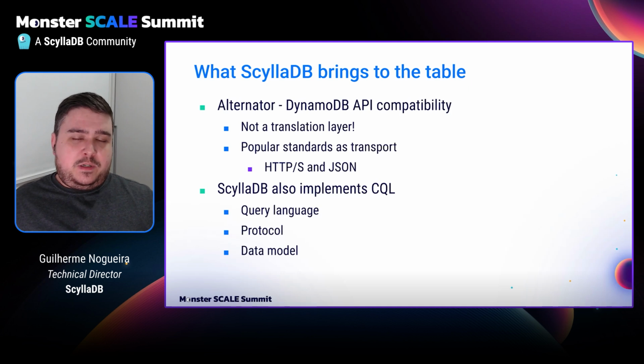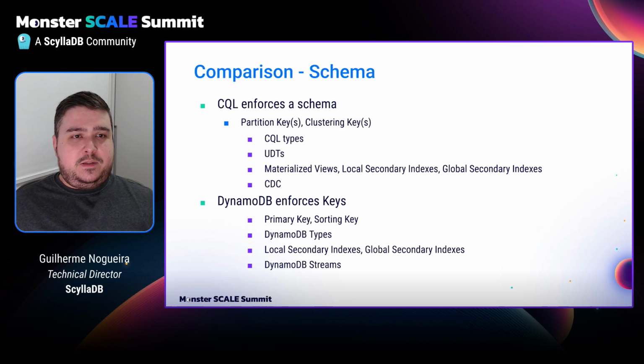It's based on popular standards such as HTTP and JSON, and it is all a re-implementation of the DynamoDB API. ScyllaDB also implements CQL, which is the Cassandra Query Language, where the names come from, and it's all at once a query language, a protocol, and a data model.